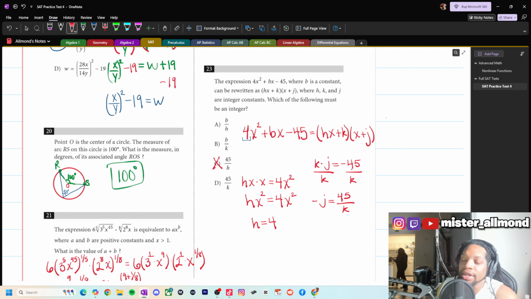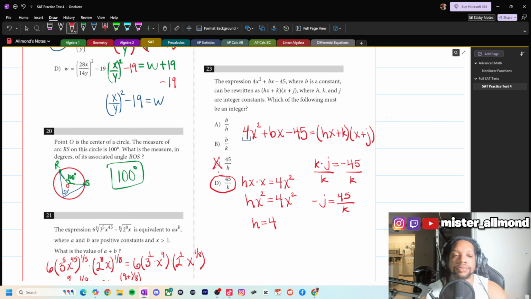I don't even think I want to investigate A and B, because just using logic, if 45 over K equals a negative integer, then that is also an integer. So I kind of want to go D.